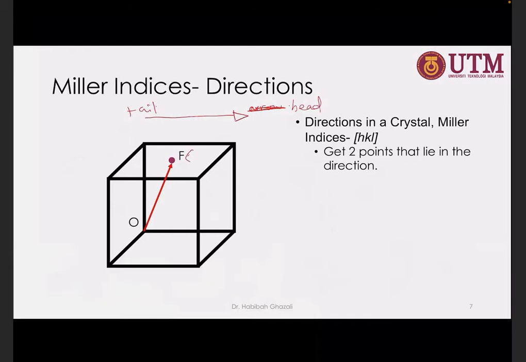Can you guess? Correct. So it moves to the front with the position of half, and then it moves to the right with the position of half, and it moves upwards with the distance of 1. And the tail is 0, 0, 0.